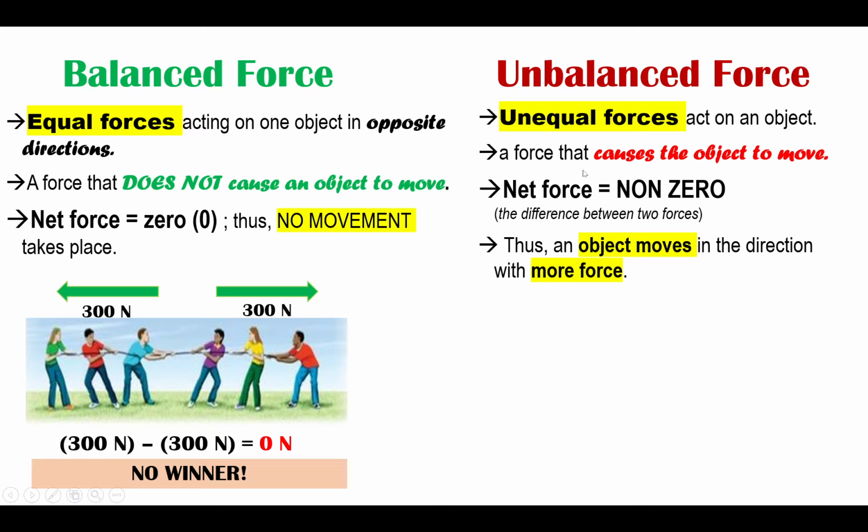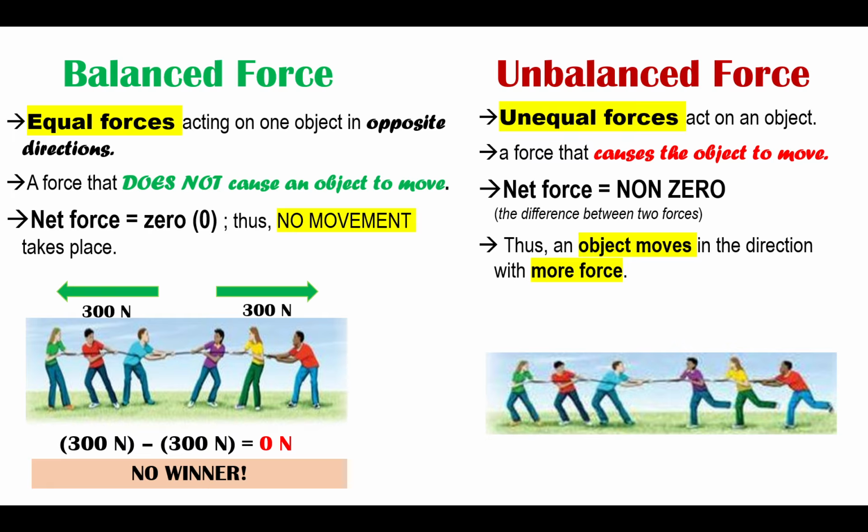Since the net force is no longer 0, the object moves in the direction with a greater force. Now, to understand this deeper as to how it is different from a balanced force, let's have another example. Still about the tug of war, but you would notice that they have unequal strength.